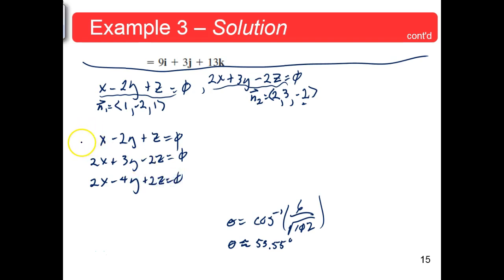I just multiplied this one by 2 and wrote it down here. Then add these together, you get 4x minus y is equal to 0, which implies that y is equal to 4x.